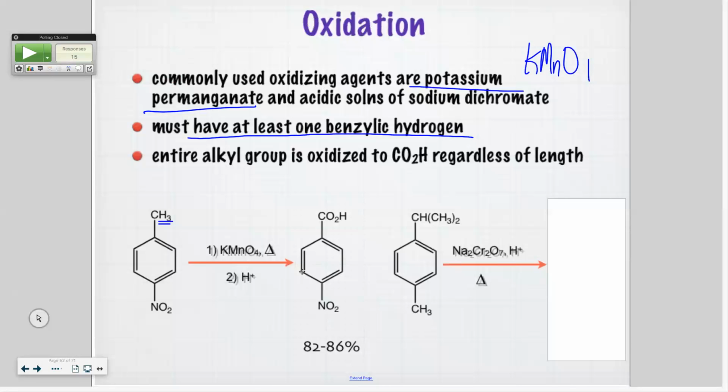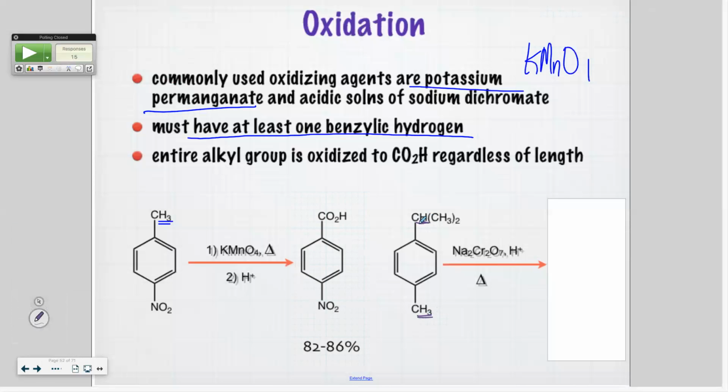Okay, how many benzylic hydrogens are on this group and this group? This one had 3. How many does this group up here have? It has 1. These aren't benzylic. They're all another carbon away. Benzylic, remember, are next to the benzene ring.